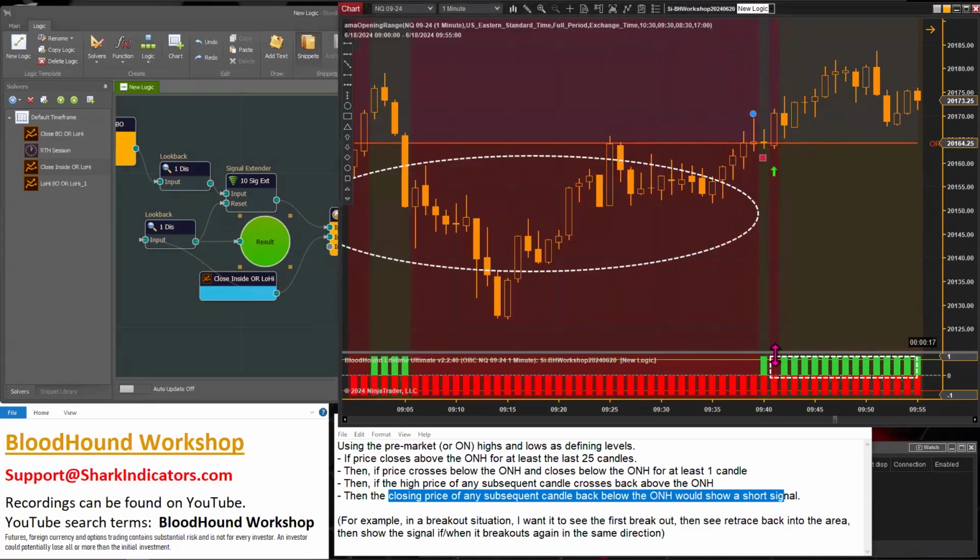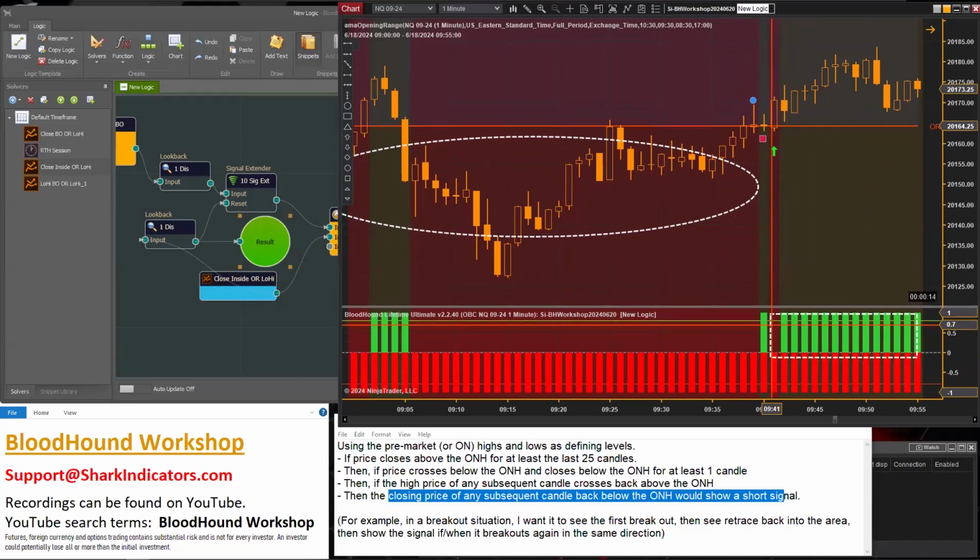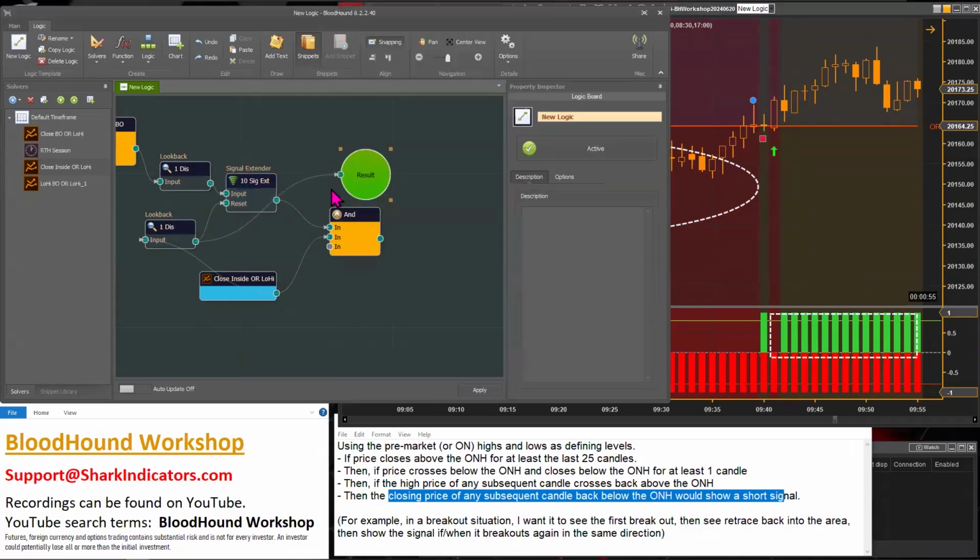So we can see my little square here. They're being shifted forward one bar, so there's no long output right here on this bar anymore. It's shifted forward onto the next bar, this bar, which is after our signal bar, and so that is what turns off the signal extender.